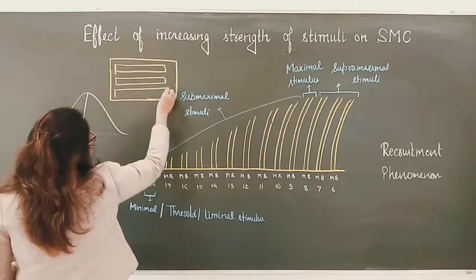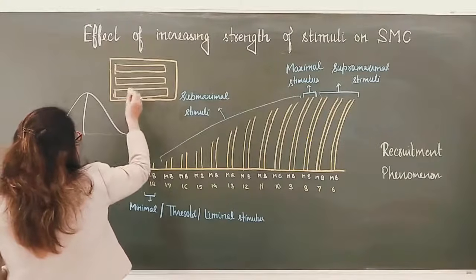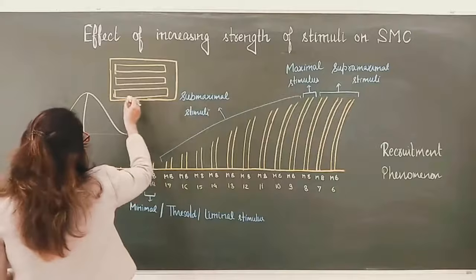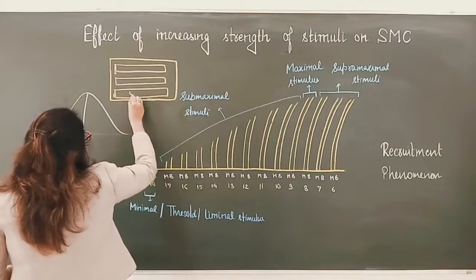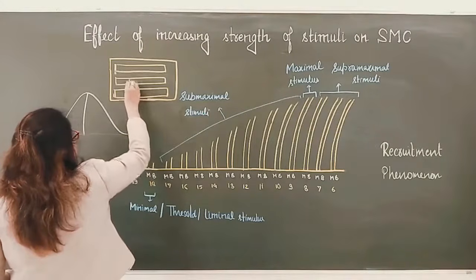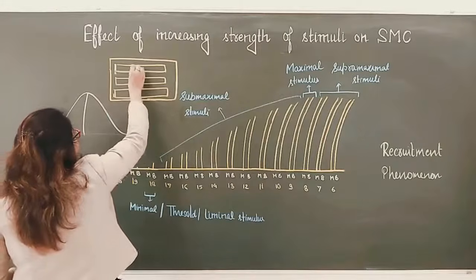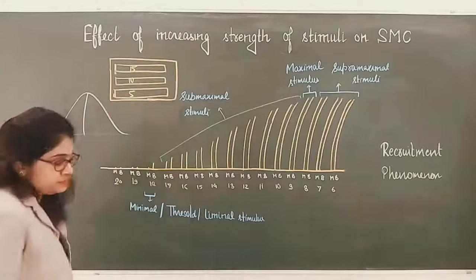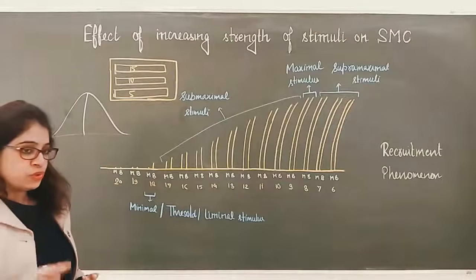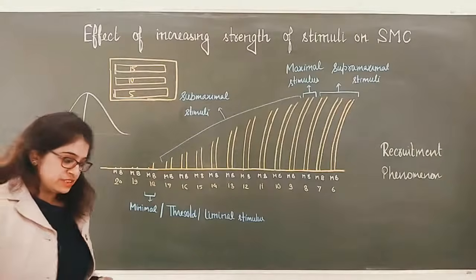Although in any muscle there are multiple motor units, for understanding I am drawing 3 motor units. One has a threshold of 5, another has a threshold of 10, and the third one has a threshold of 15. So suppose we are giving currents of different strengths.